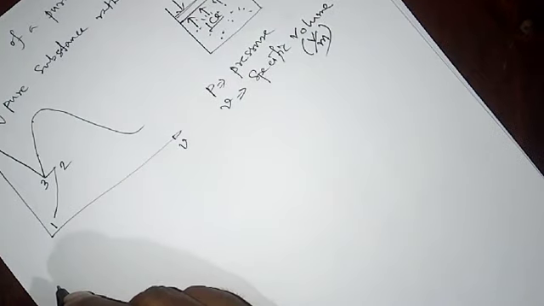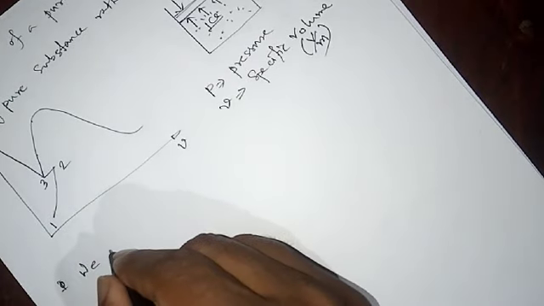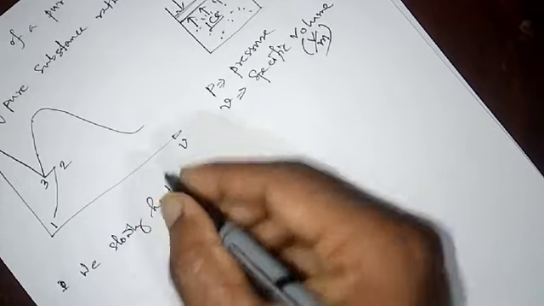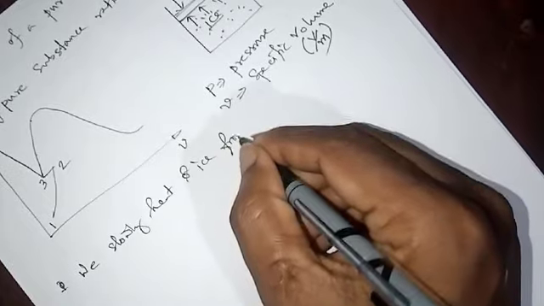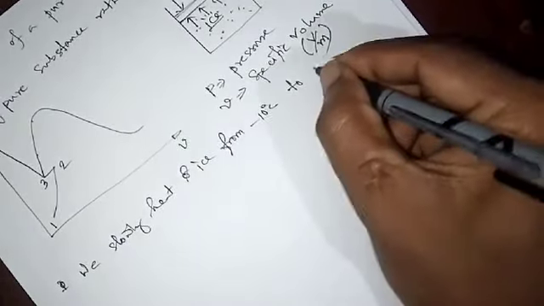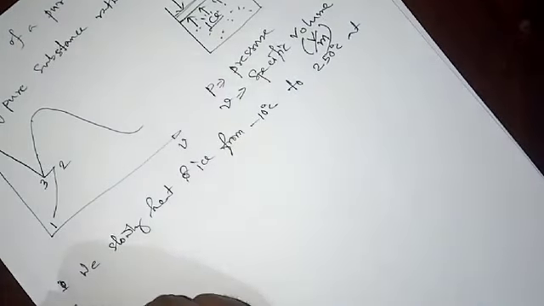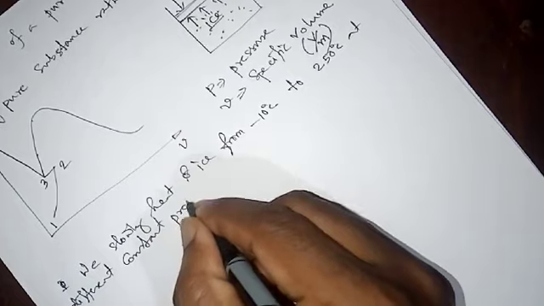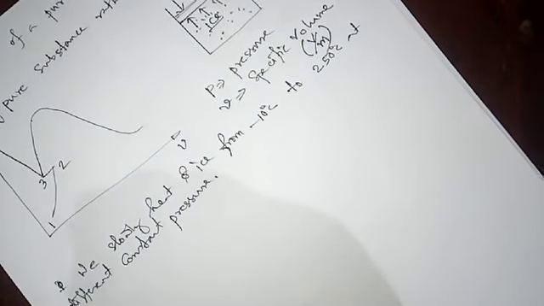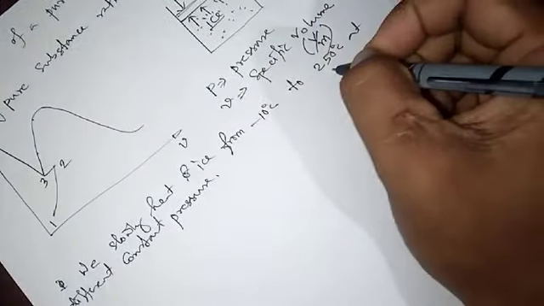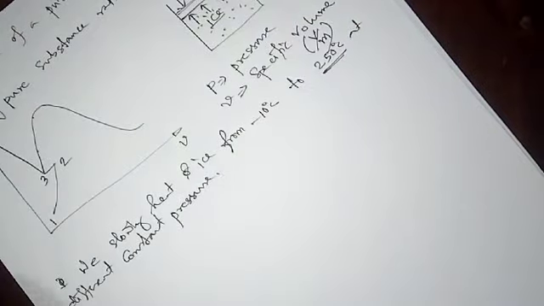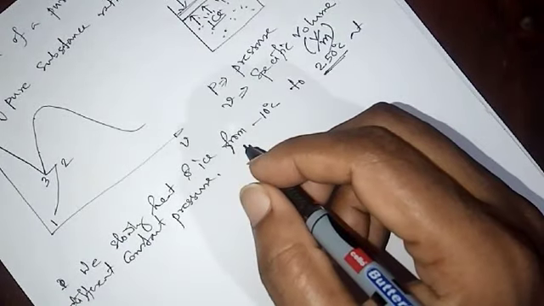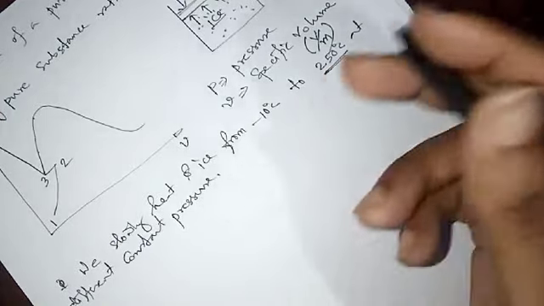Now what we will do? We slowly heat the ice from minus 10 degrees centigrade to, suppose, 250 degrees centigrade at different constant pressures, and we get the different states of ice at different temperatures.